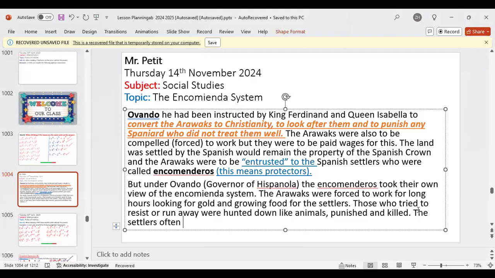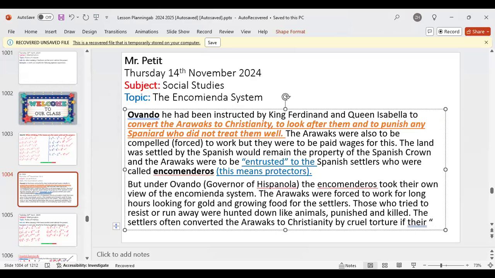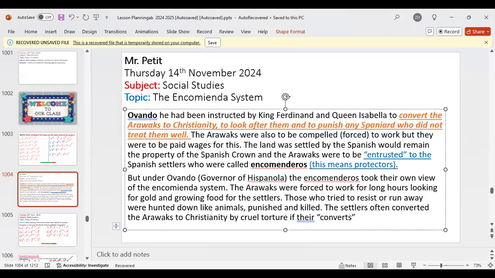The settlers often converted the Arawaks to Christianity by cruel torture, if they, the converts, quote unquote, tried to resist.